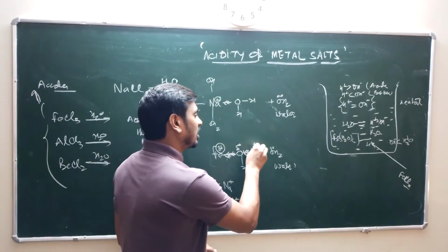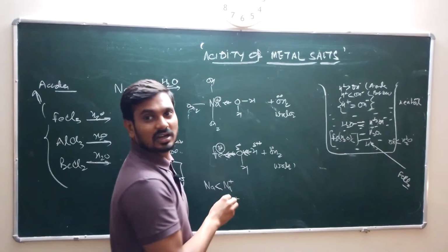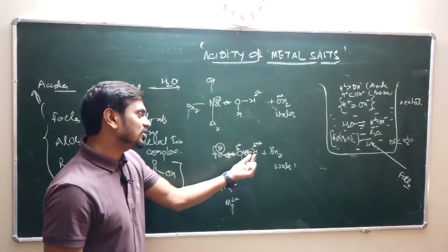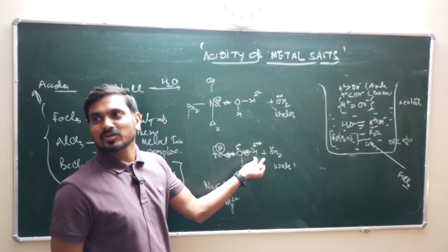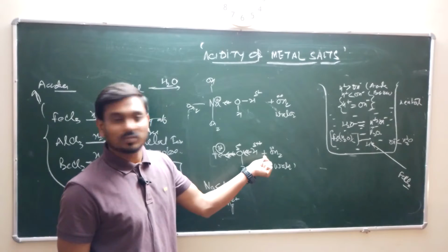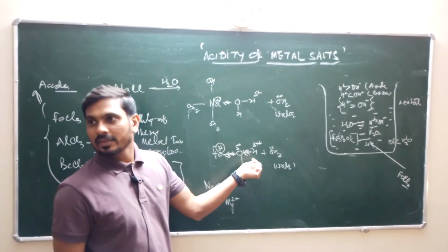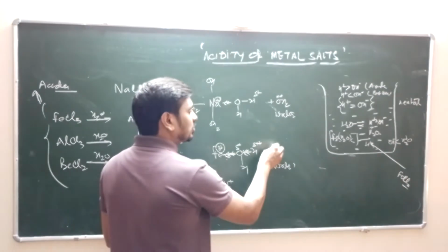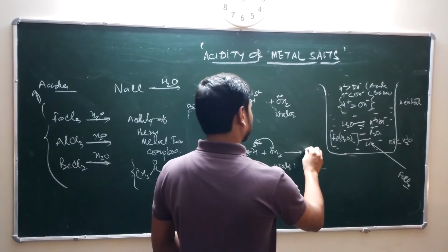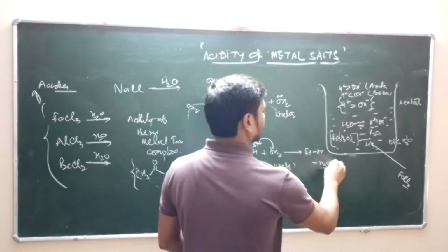The net positive charge on the hydrogen atom will increase. So here will be a higher partial charge, here a little less partial charge. And if the charge on this hydrogen atom is higher, it will be much easier to free. For this proton, it is quite easy to get free from this molecule. Alright, so this will transfer its electron and this reaction will be favored in a very normal sense. Fe(OH) and H3O+ will get formed.